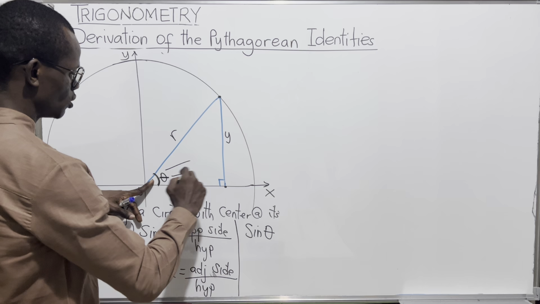The reason why we are bringing it in is that we need to solve for x and y within this equation, thereby replacing them with trigonometric functions.